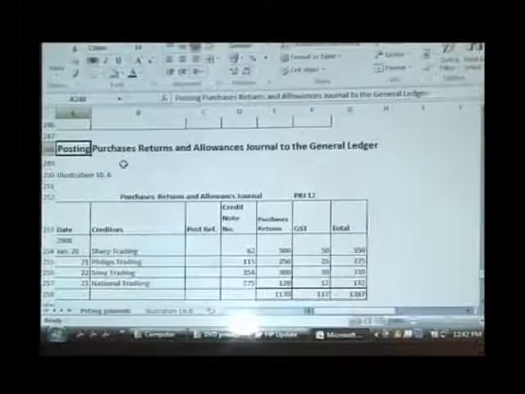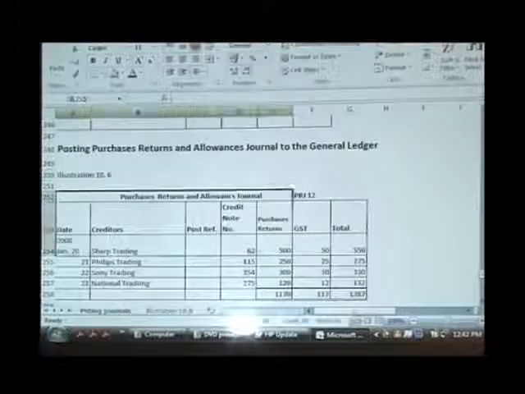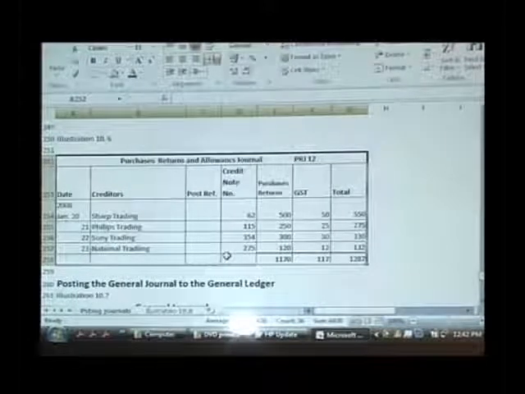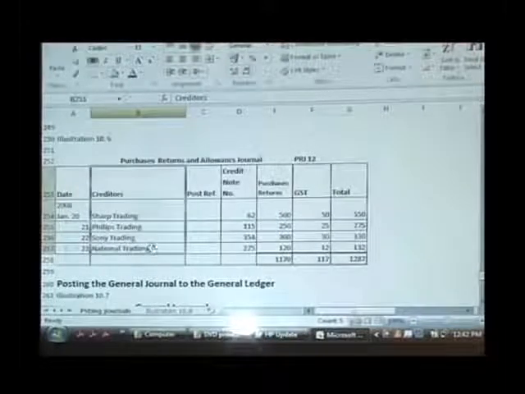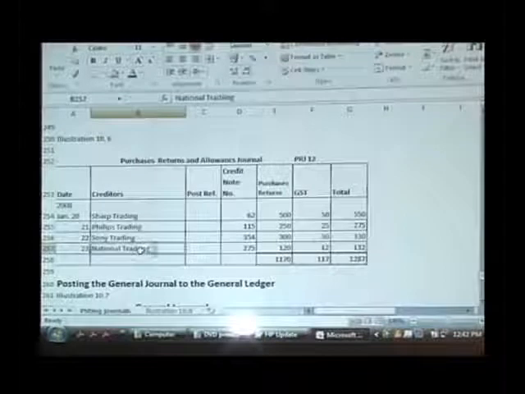Now let's try to understand posting purchases returns and allowances journal to the general ledger. Turn to illustration 10.6 where you can find this journal, purchases returns and allowances journal. If you look carefully at the particulars column, you can find Sharp Trading, Phillips Trading, Sony Trading and National Trading.